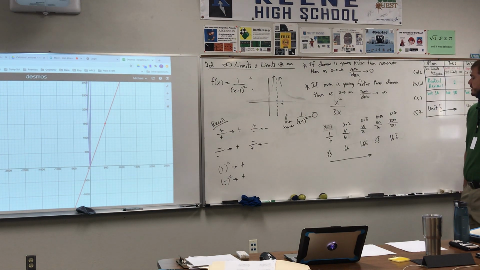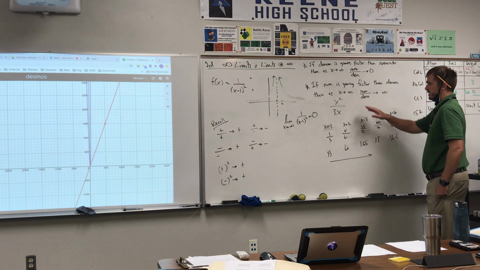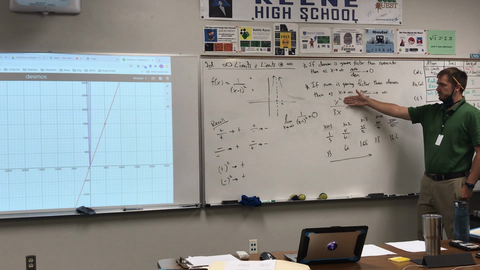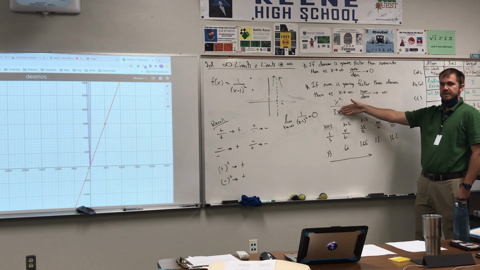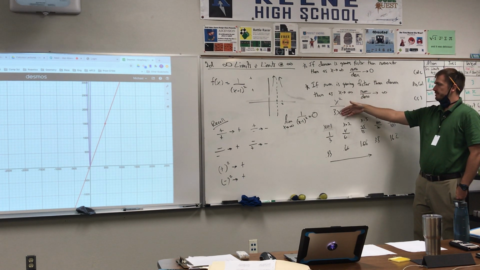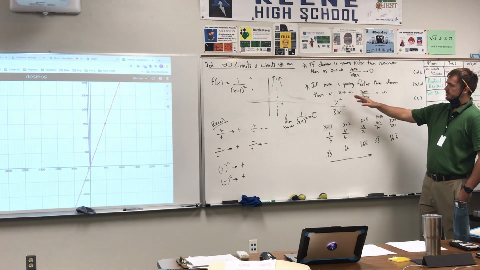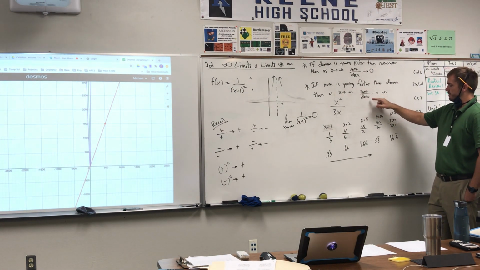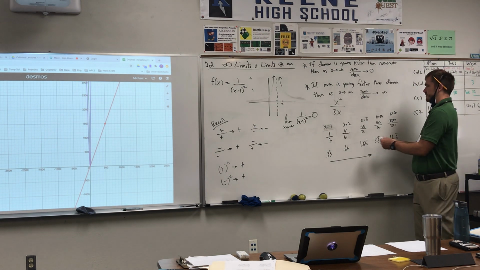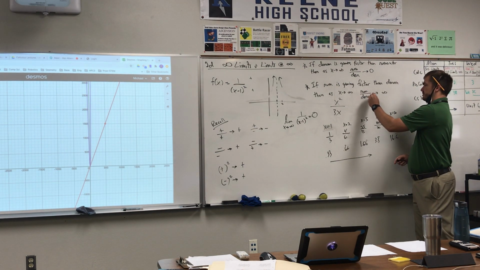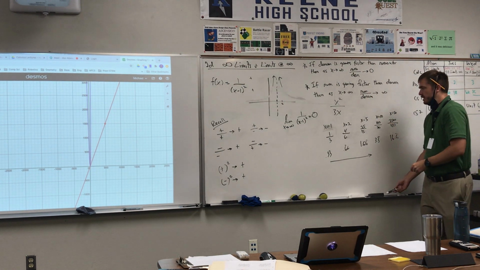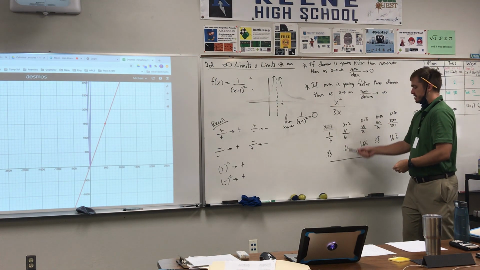That's what we saw right here: x squared is growing faster than 3x. Then as x approaches infinity, the numerator over the denominator approaches infinity. So I'm going to actually graph this, x squared over 3x.